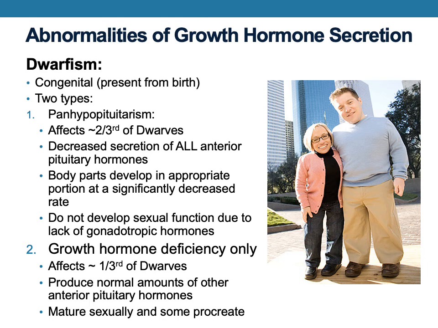The other type of dwarfism is a result of growth hormone deficiency only. This affects about 1/3 of all dwarfs. If only growth hormone is affected, that means their anterior pituitary gland produces normal amounts of all the other hormones. Since their anterior pituitary produces normal amounts of gonadotropins, these individuals will mature sexually and some are able to procreate.